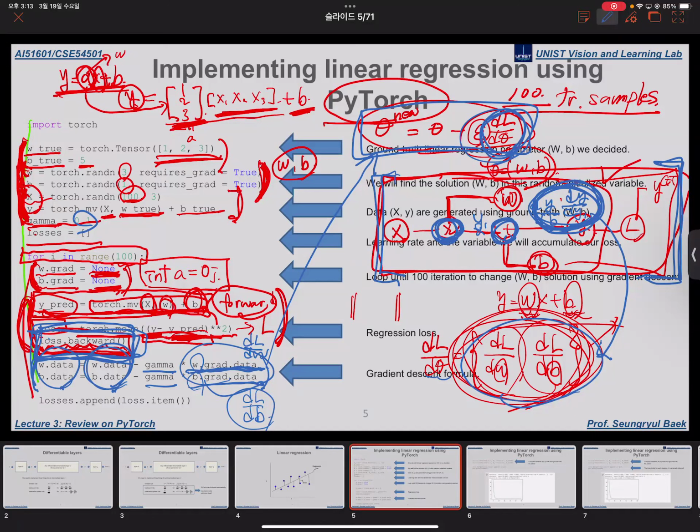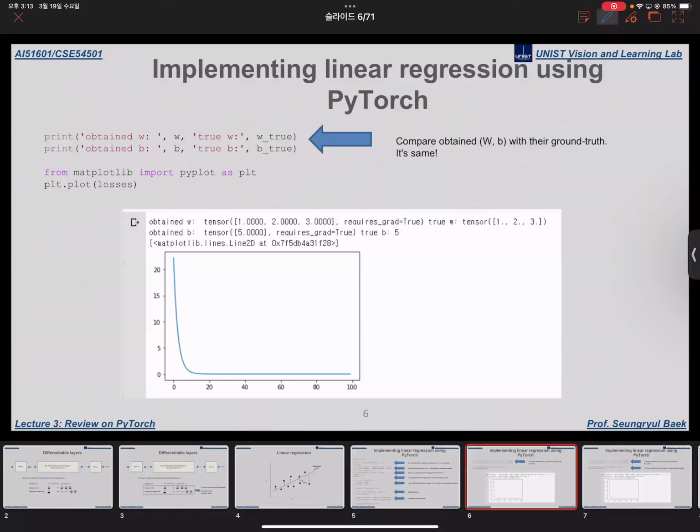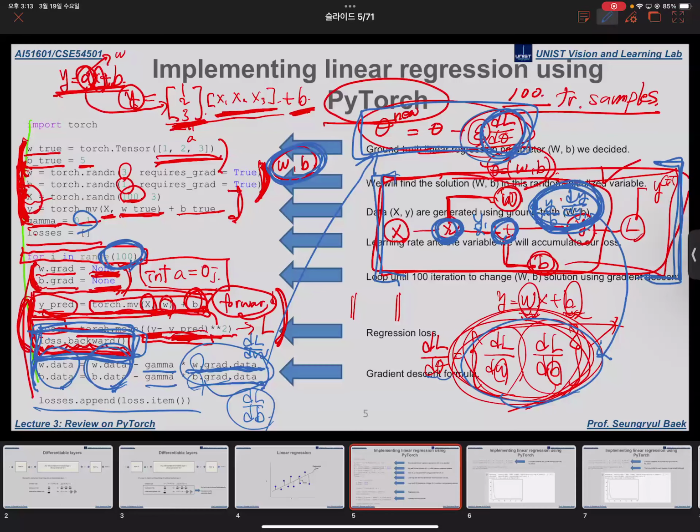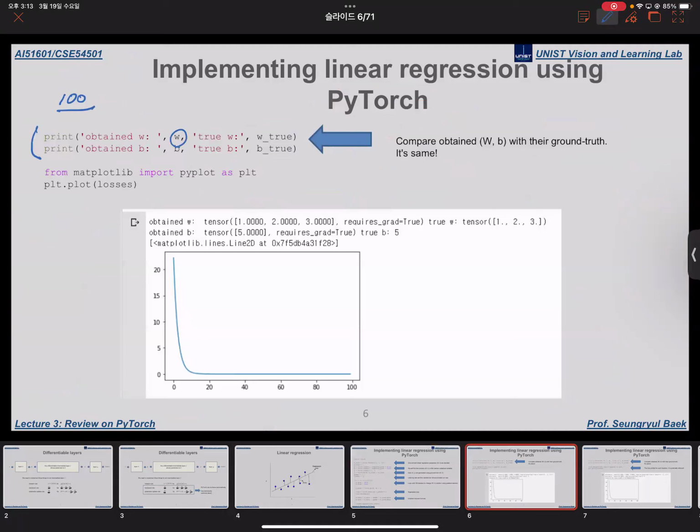Okay, and then this W and B become close to their true values after many iterations. Okay, and this is for visualizing the loss function. So after 100 iterations, this is the randomly initialized value, and this is the true W and true B we used for generating the data.